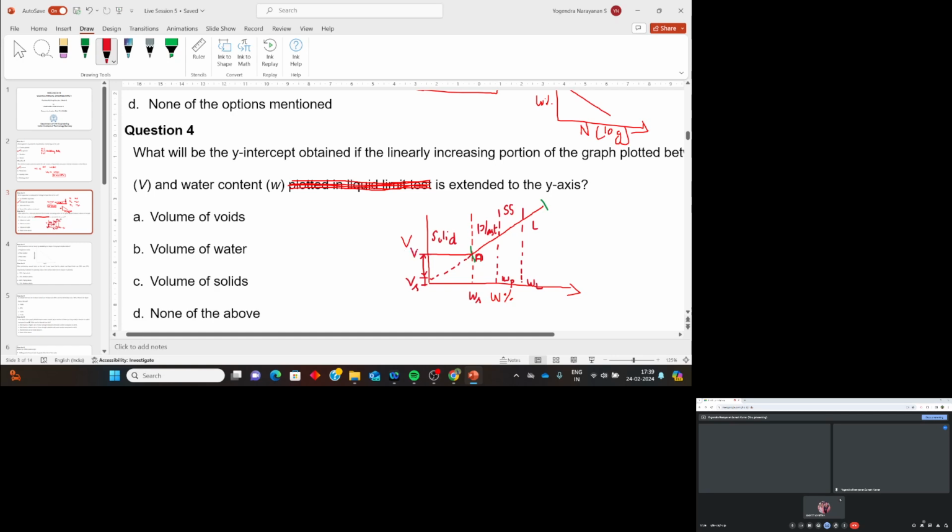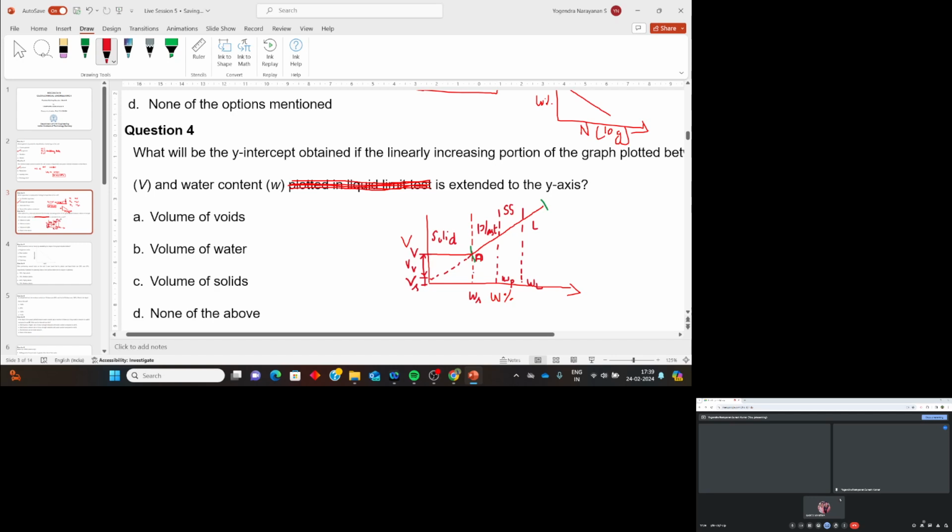So this is total volume. This is volume of solids. What will be the remaining? Volume of voids. It is volume of voids.